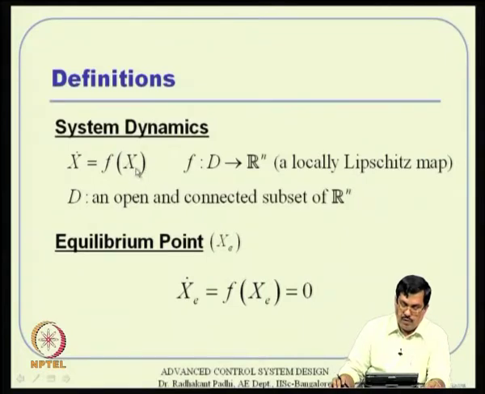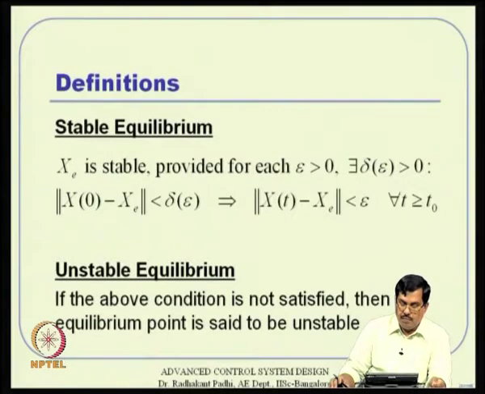Then we are interested in this open and connected subset D of Rn, and the function is defined from D to Rn, and we are interested in analyzing the stability behavior around the equilibrium point primarily. The equilibrium point is defined where the state derivatives are equal to 0. So whatever solution pops up, these are equilibrium points. About each equilibrium point we wanted to analyze the stability behavior.